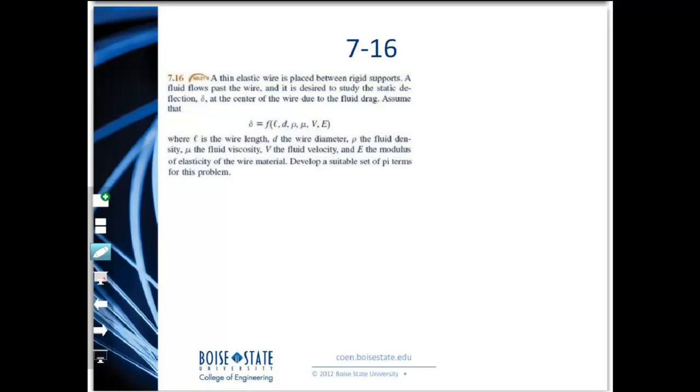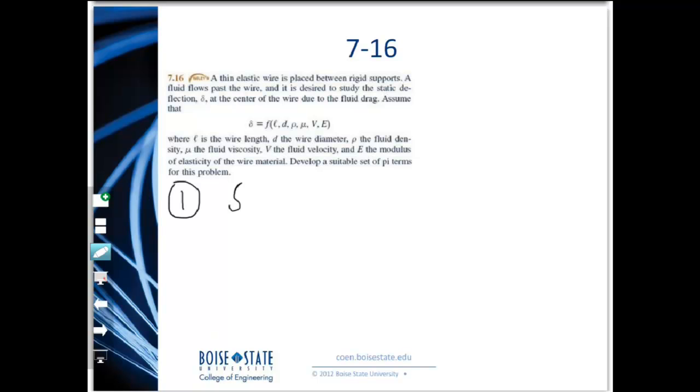So if you remember, there are certain steps we need to follow in order to apply the Buckingham pi theorem. So step 1 basically says we list all the parameters in the problem and we count them. Okay, so for example, you always have to remember you need to count the dependent variable as well.